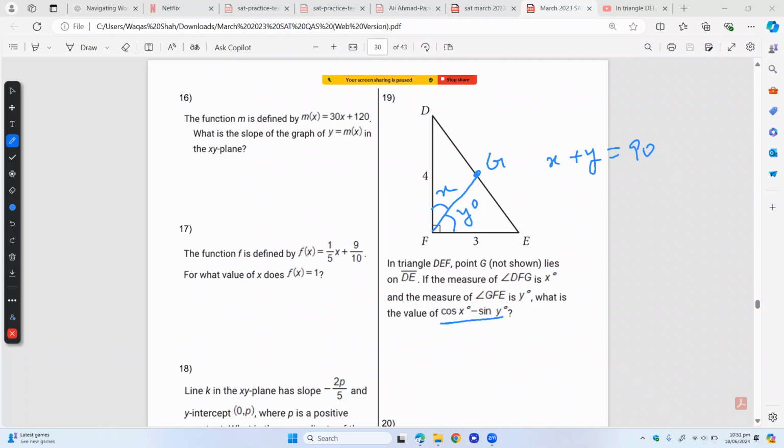So here we have a situation. You know that sin 0 is equal to cos 90, which is equal to 0. Sine and cosine have value 0 when the angle is 0 for sine and 90 for cosine, and similarly sin 90 and cos 0 are equal to 1.